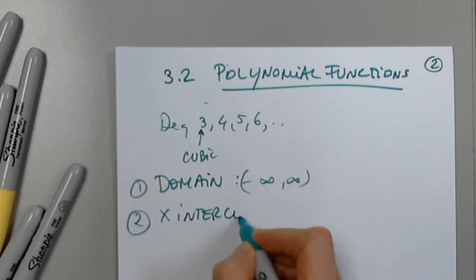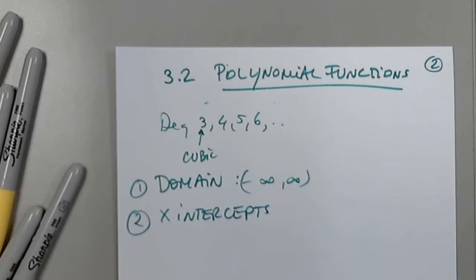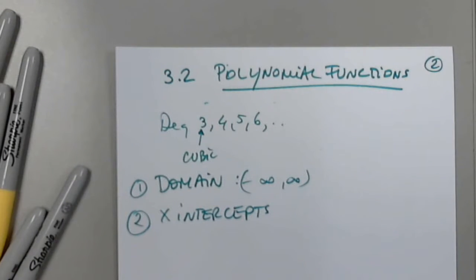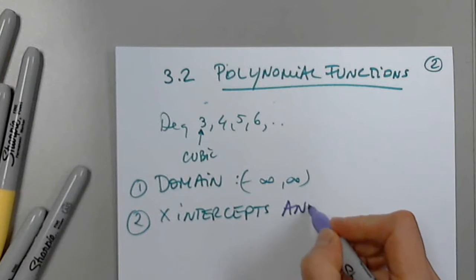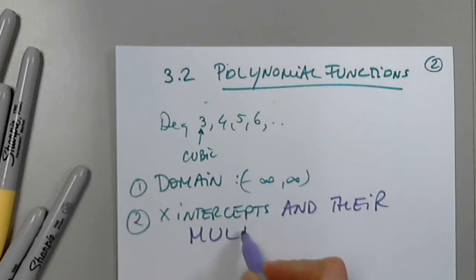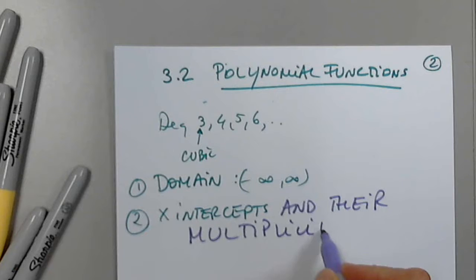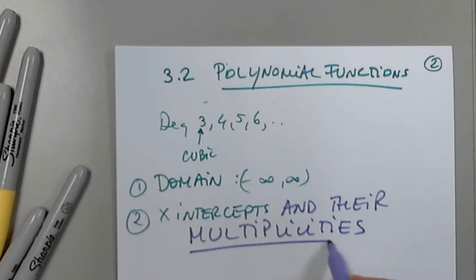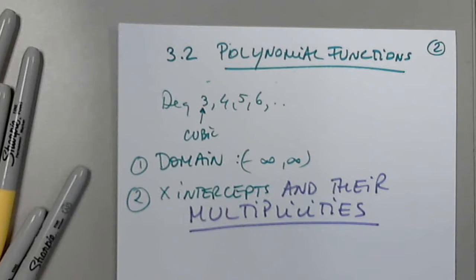X-intercepts. And now I'm going to add something that we haven't discussed before, ever. And their multiplicities. Multiplicity, plural multiplicities. So we will be determining the x-intercepts and their multiplicities.